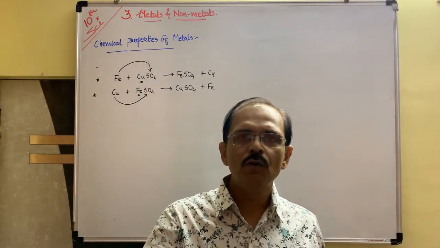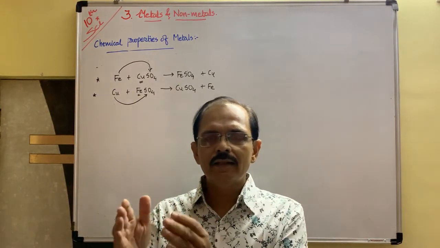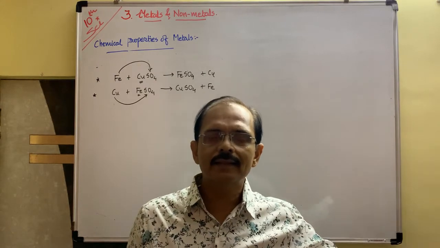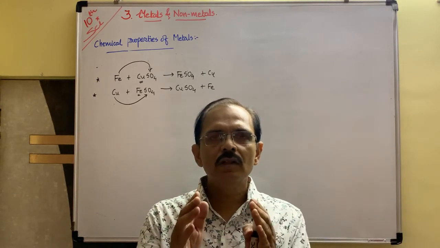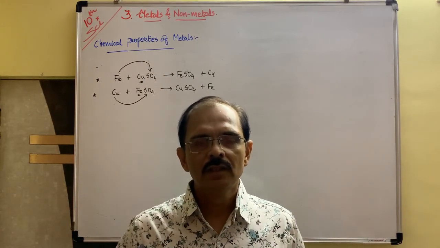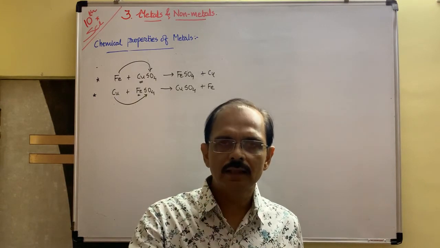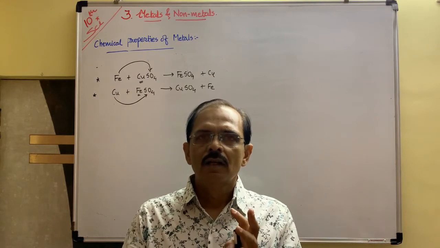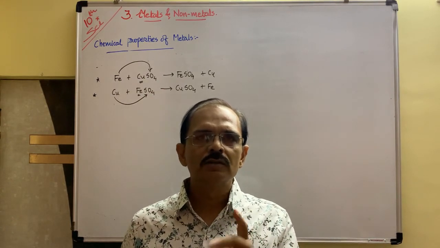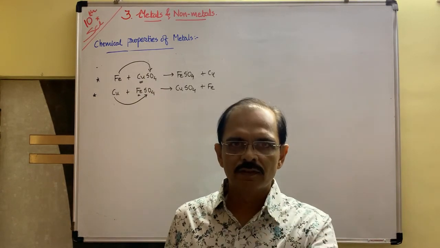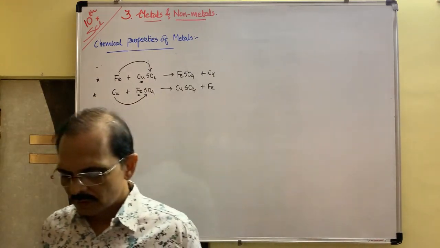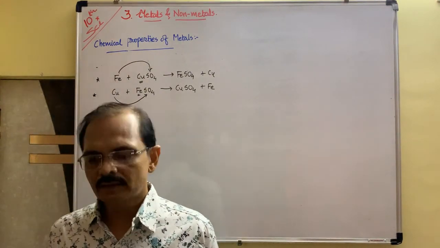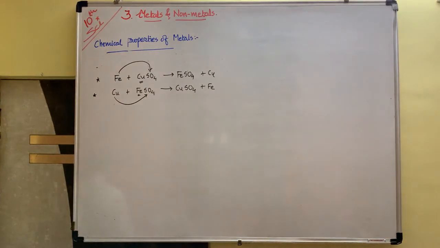If the metal is more reactive, then the reactive metal can displace the less reactive metal. This is called displacement reaction, which you learnt in 9th standard. On the basis of this displacement reaction, we are going to learn about reactivity series. Okay, so this is also the important reactivity series on your page number 45.